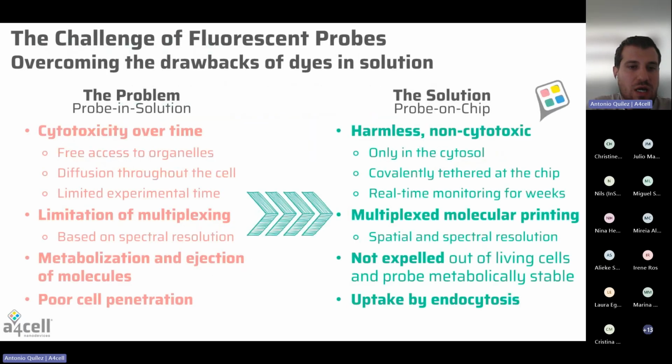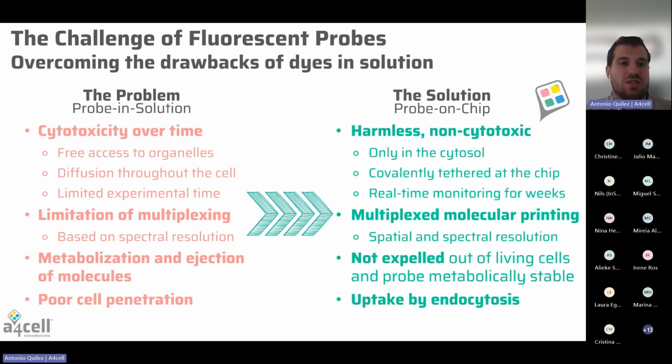Because basically, since the beginning of the company, we have identified that there's a problem of analyzing cells over time, the lack of reagents for live cell analysis, which is especially important when working with 3D structures.